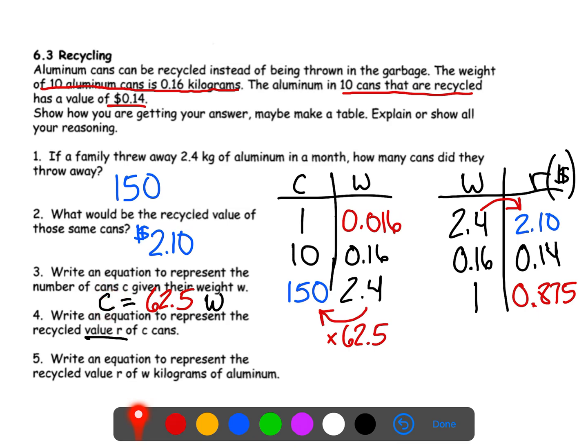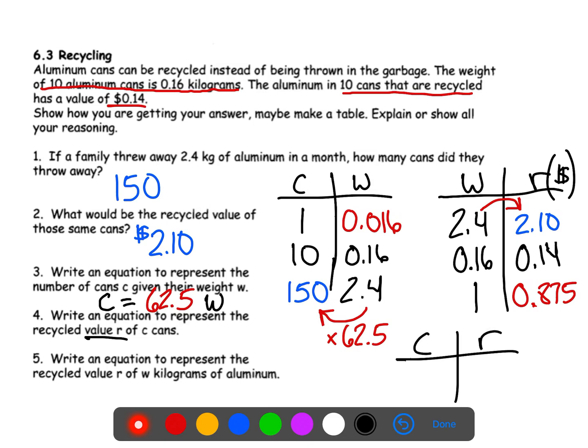For the next one, we're going to make an equation to represent the recycled value R of C cans. The recycled value R of C cans. So here, we don't have a table to represent that. We could make a quick table. C cans.